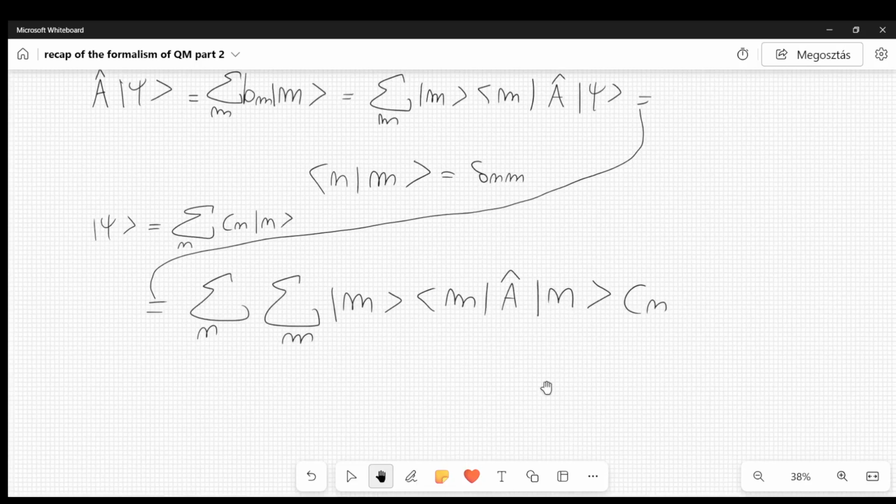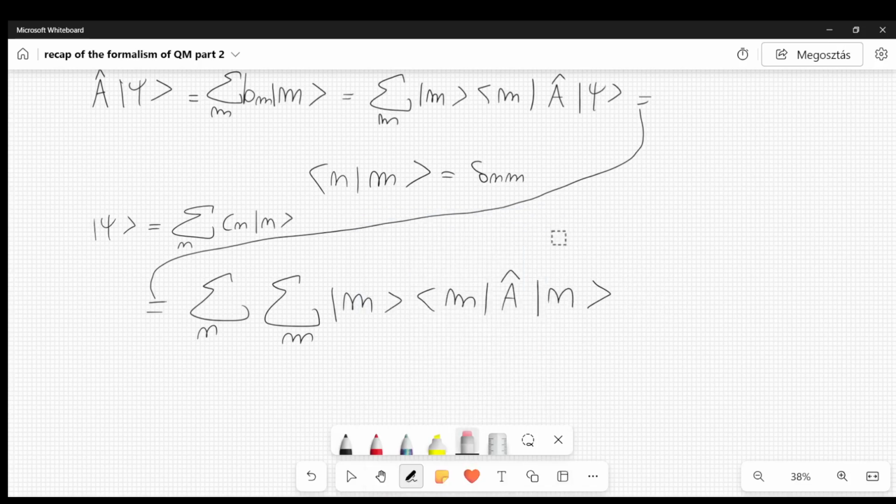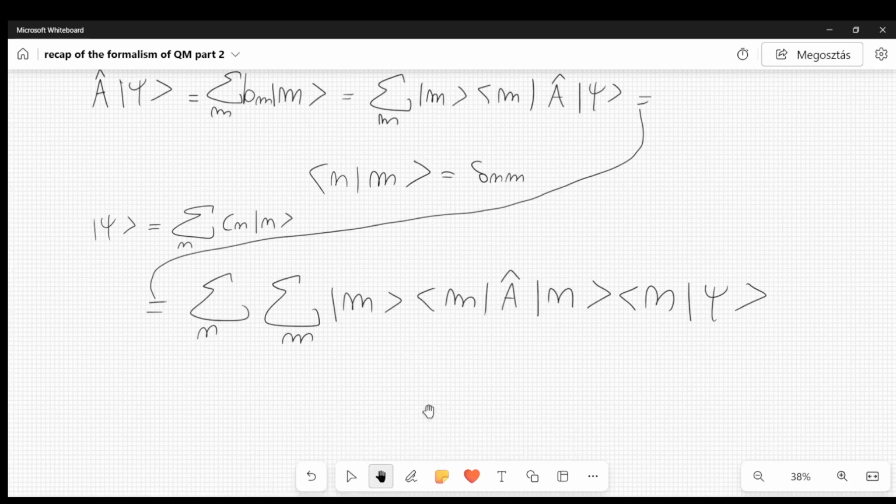But we can also rewrite C sub n in a different fashion, so let me do it here. C sub n, if you recall from the previous lecture, but you can also see that from here and from this property, can be written as the inner product between the state n and the state psi. So we can rewrite the formula in this fashion.